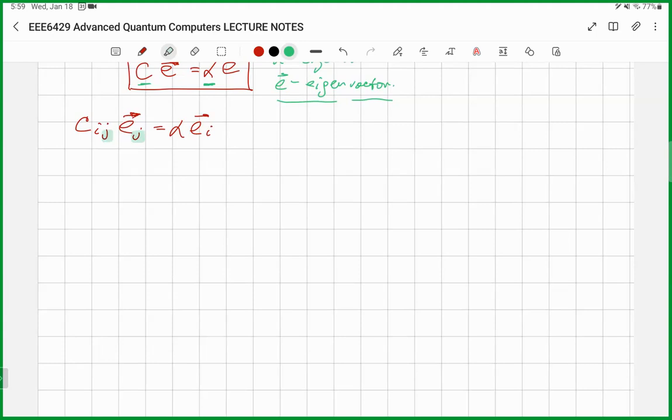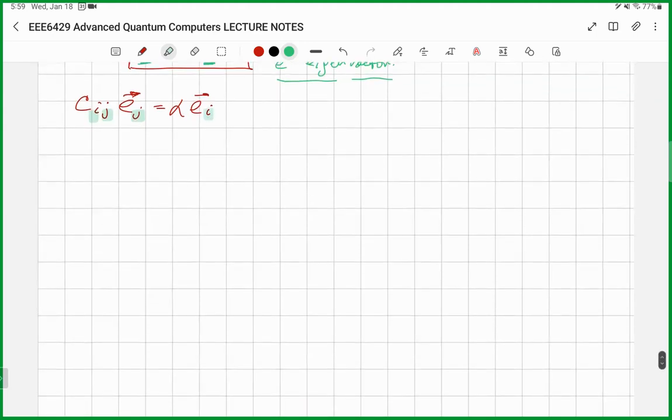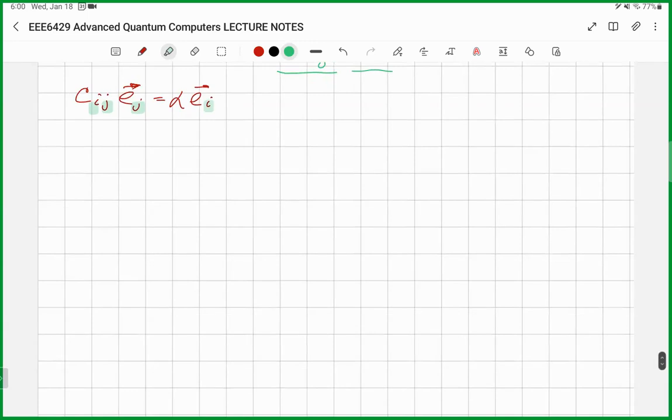So after summation, it's gone, and I'm left with one component, the component denoted by i here. That's why we have this component i. This is called the component balance, and it must be matched on the right and left side of any expression. The components must be named properly.